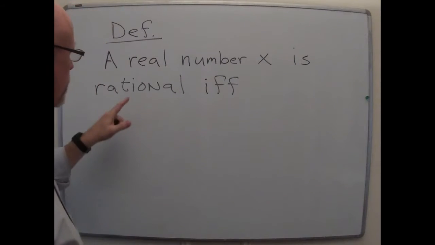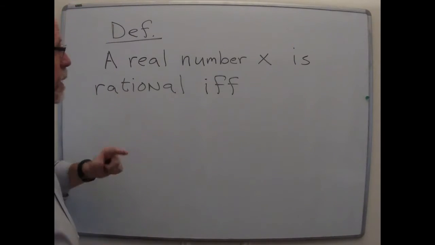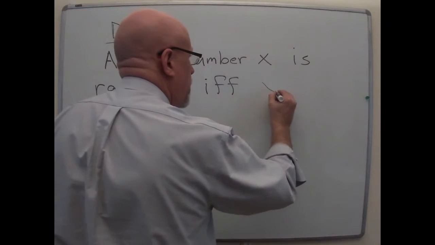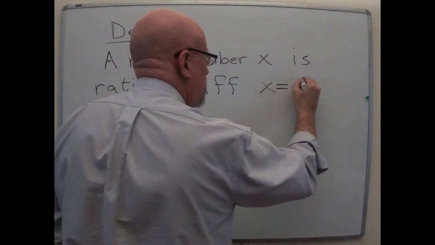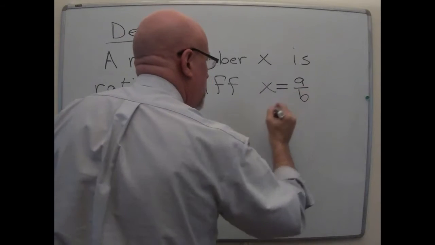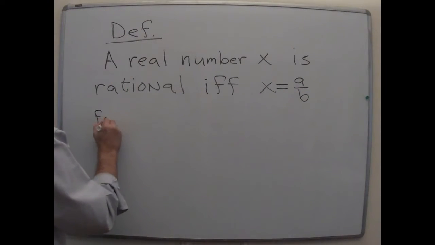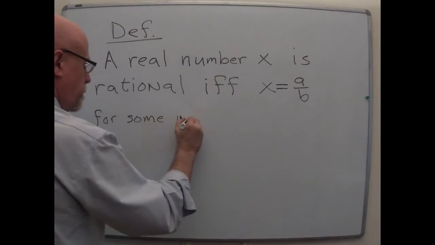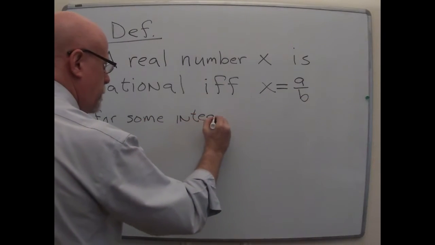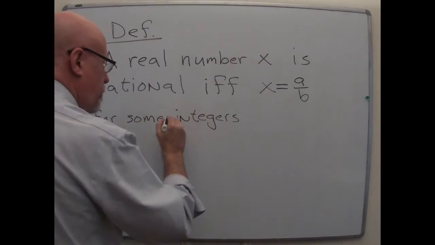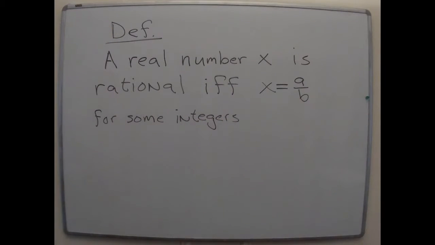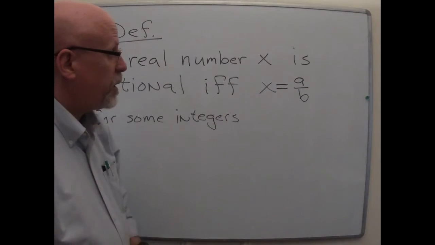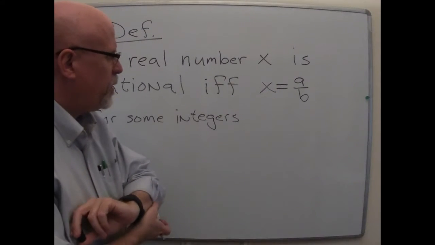So what is the definition of a rational number? It's just that it's a fraction. So we say x is equal to a over b for some integers, a and b. And there's an extra proviso that we need on here, which is probably obvious to anybody who's been through a basic algebra class, or even maybe in grade school you learn this.